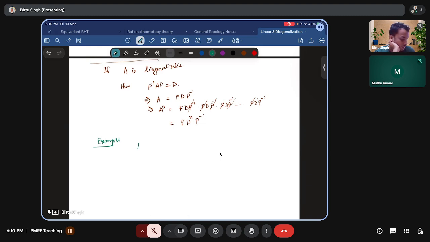Let us consider A to the power n, given A equal to this matrix 0 1 1 0. Recall it actually represents this transformation T(x, y) equal to (y, x) in R2, right?